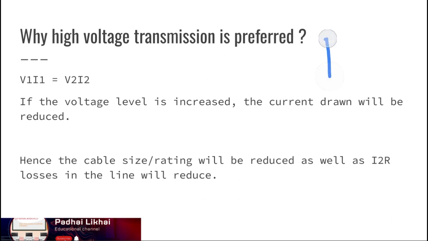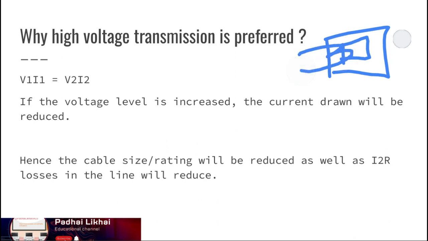From our basic knowledge of electrical engineering, let's suppose this is our step up transformer. Let the voltage level here be V1 and the current here be I1. The transformer is a very highly efficient device which does not have any moving mechanical part, and it has an efficiency of almost 99.999% or 99.5% or 100%.